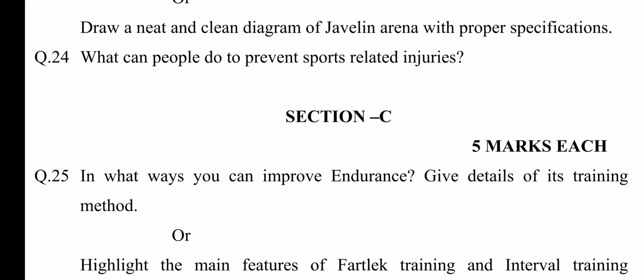Arena, an area of activity that concerns the public. Specifications means detailed information. This question is also related to chapter number 7, concept of major games and sports. Its subchapter is athletics.